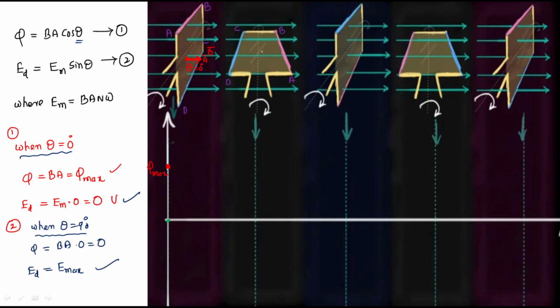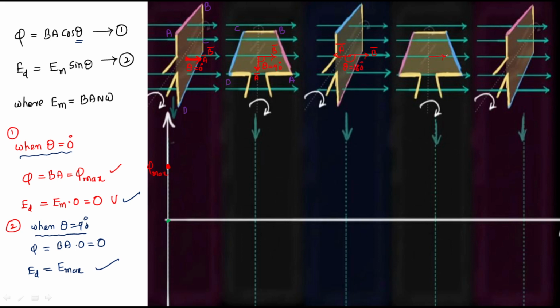How could that be possible? This is B bar, the vector which is perpendicular to the area of this conductor, and now theta equals 90 degrees. In the next case, theta equals 180 degrees.